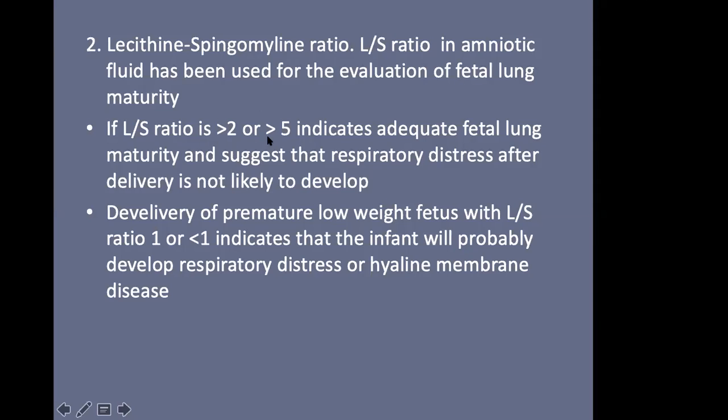So if you get this ratio, it indicates fetal lung maturity and suggests that respiratory distress after delivery is not likely to develop. Delivery of a premature low birth weight fetus with a lecithin to sphingomyelin ratio of less than 1 indicates that the infant will probably develop respiratory distress or hyaline membrane disease.